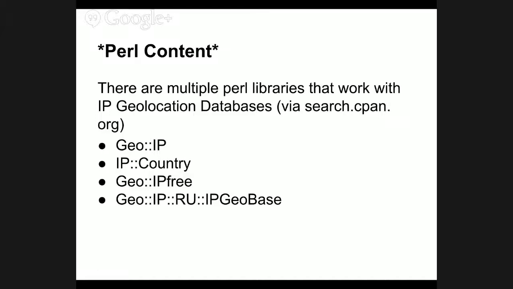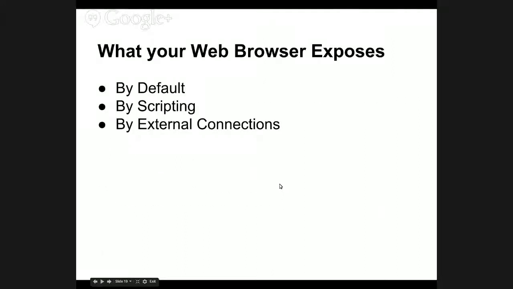GeoIP Free uses the software77.net library to look up IP address information. GeoIP, our UIP GeoBase is yet another library. This one actually comes from Russia, and I can't read any of that information, but apparently that's another reasonable source for IP geolocation information. And these are all available on cpan.org.